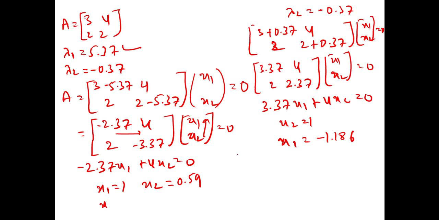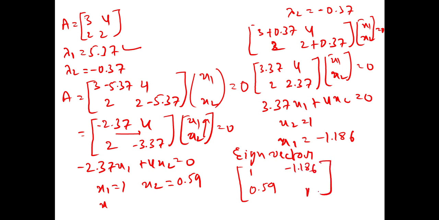So the eigenvector will be simply 0.59, 1, and minus 1.186, 1. This will be your transformation matrix of eigenvectors.